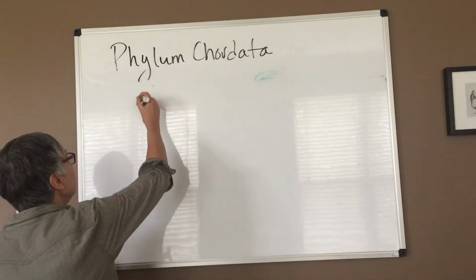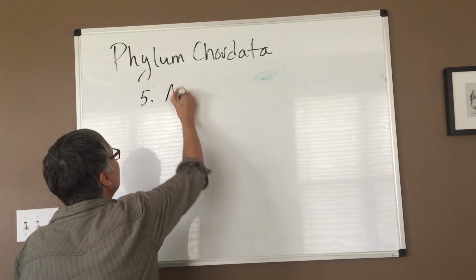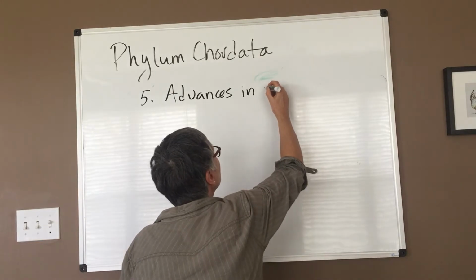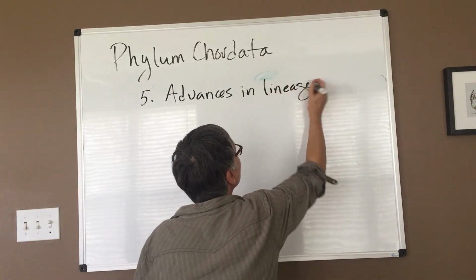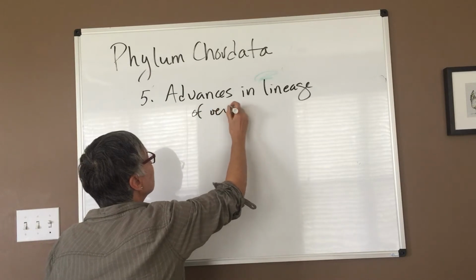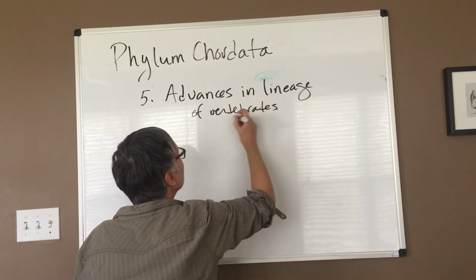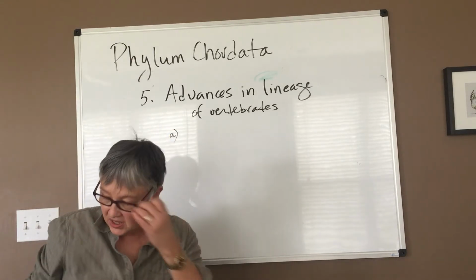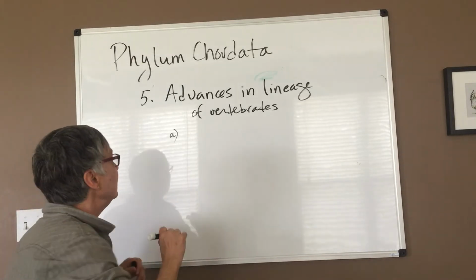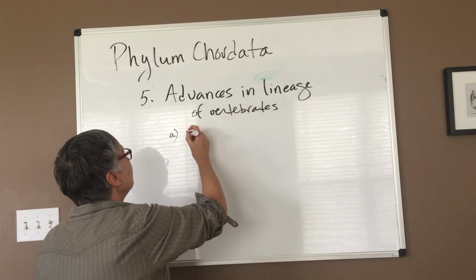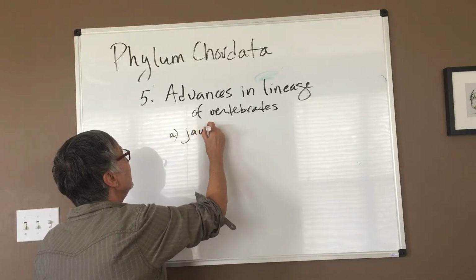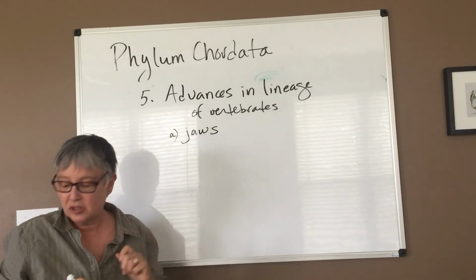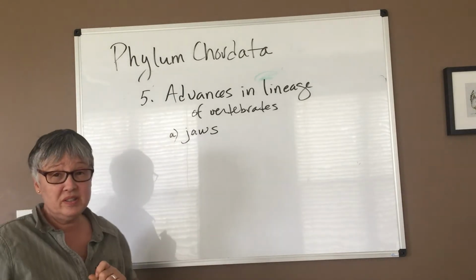And I'm just going to list some of the important advances that are seen in the lineage of the vertebrates. So one of the first things that we see is the presence of jaws, which I think is probably something new to you, but not all vertebrates actually have jaws.